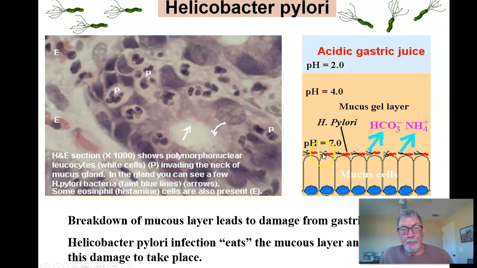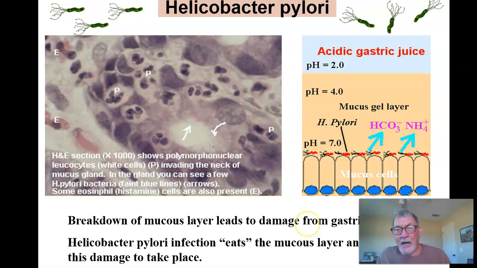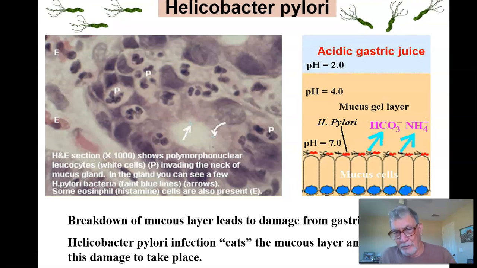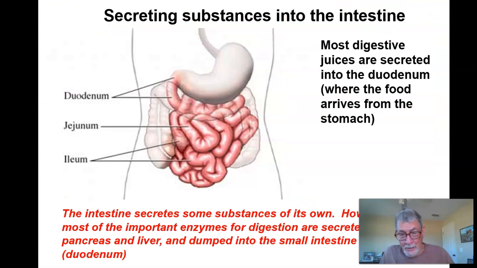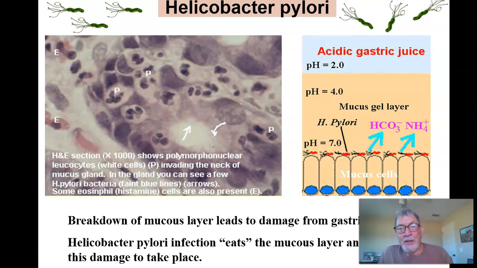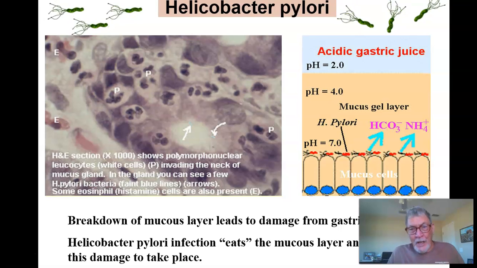Everybody in the medical community laughed at him and called him a quack. So one time in a giant conference, he got up on stage and drank a glass of liquid filled with H. pylori and gave himself a stomach ulcer, and then treated it by taking antibiotics. It took a few weeks for this to happen, but he proved to everybody in the medical community that he was right. And as a result, now a lot of stomach ulcers are actually treated with antibiotics.